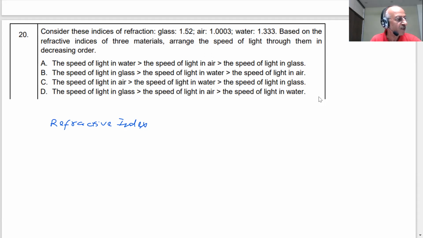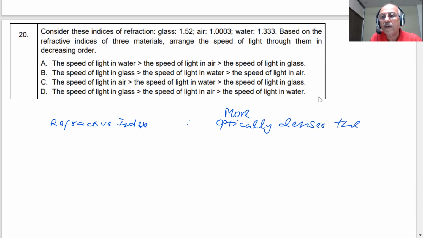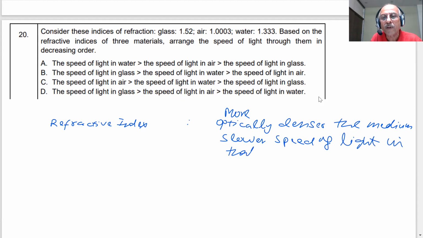So the refractive index value depends on the density of the medium, the optical density of the medium. The more optically dense the medium, the slower will be the speed of light in that medium.